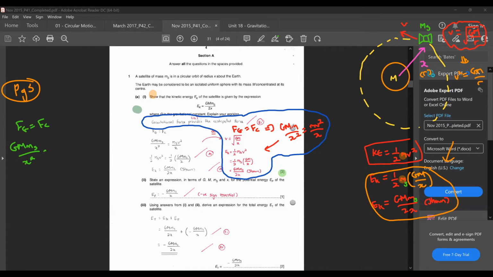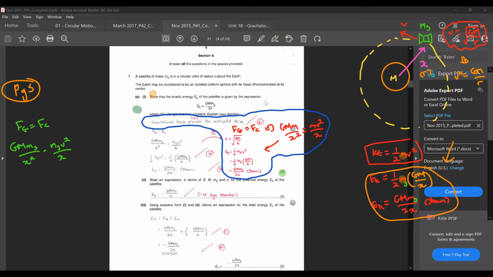My mistake, sorry. There's a square here. So back to the one on the left, GMm_s over x squared, giving you m_s v squared over x. This is more a case of you just simplifying things.